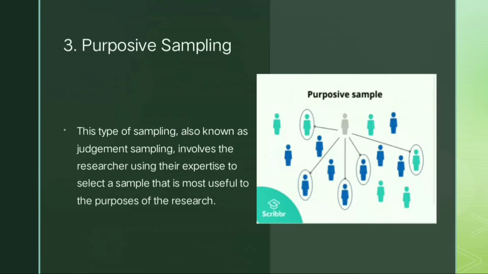So next is number 3, purposive sampling. This type of sampling is also known as judgment sampling. It involves the researcher using their expertise to select a sample that is most useful to the purpose of the research.